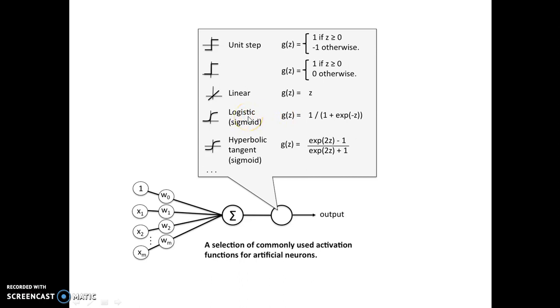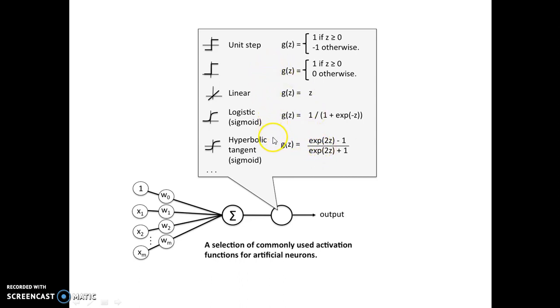That is the logistic sigmoidal function, which is also called binary. And the hyperbolic tangent is a bipolar sigmoidal function: if you multiply the logistic function by 2 and subtract 1, the result is the hyperbolic tangent function. So all these are some basic ones.